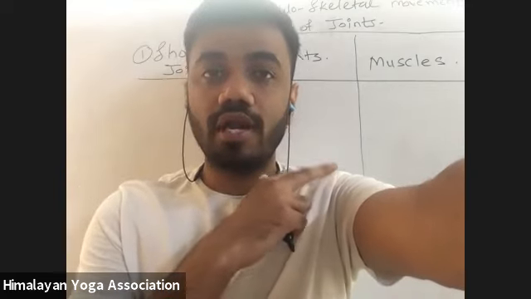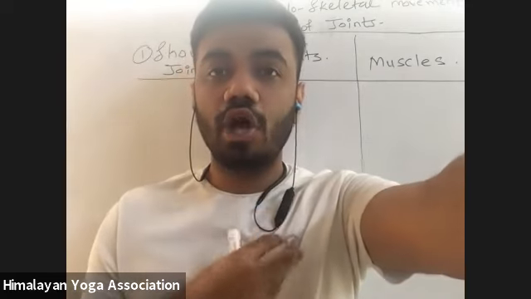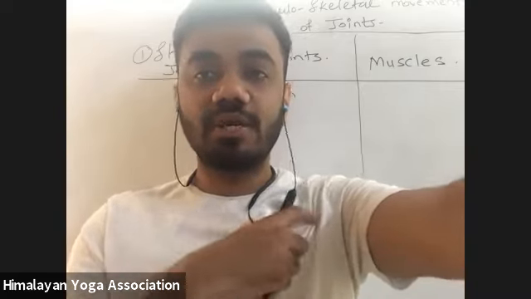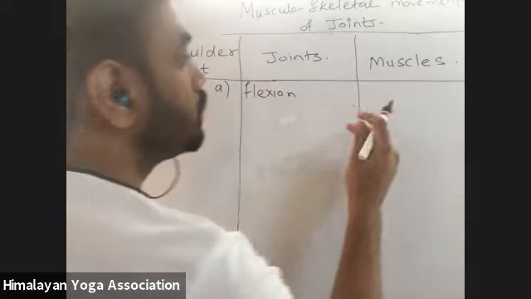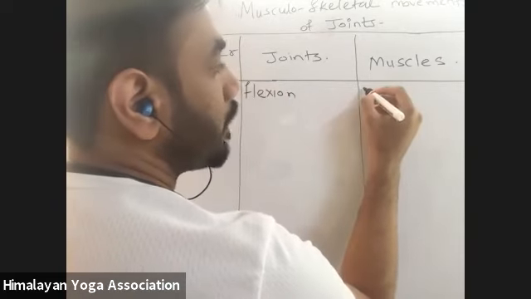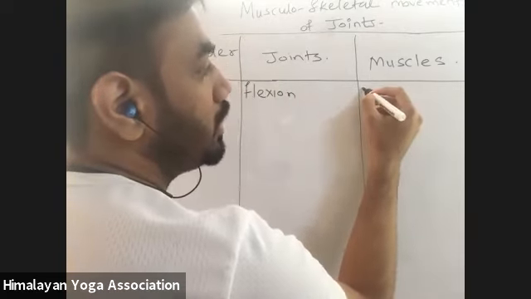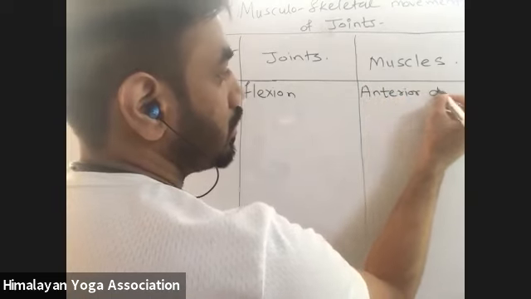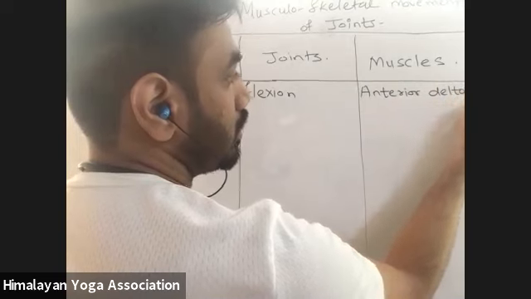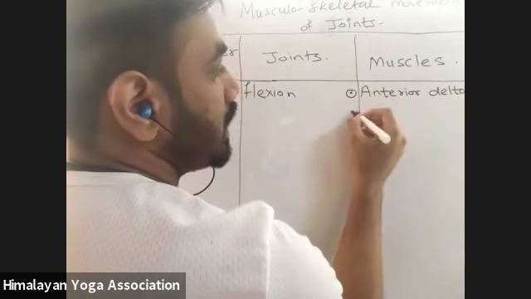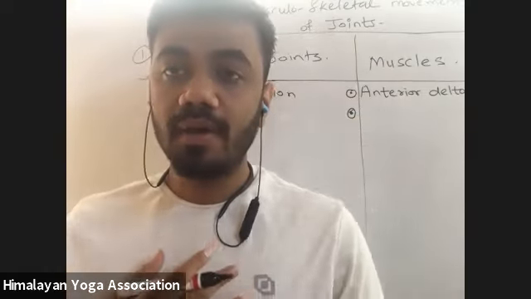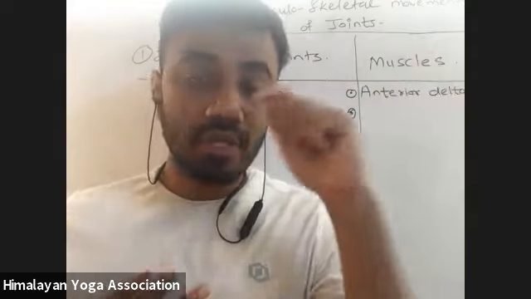We contract our anterior deltoid along with the upper region of the pectoralis major muscle. So write down the two names of the muscles here: the upper deltoid or anterior deltoid. These are the major muscles which help to move our arm in the front.